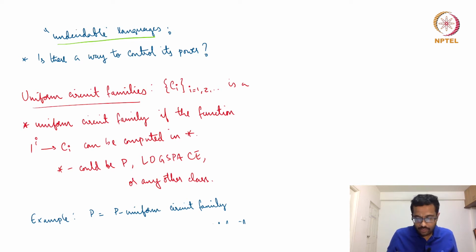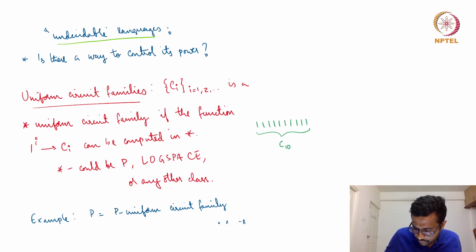For length 10, to obtain the length 10 circuit, the function should take as input 10 ones, and output the description of the circuit that will take 10 long inputs. This is the requirement, and this function should be computed in a certain computational power.